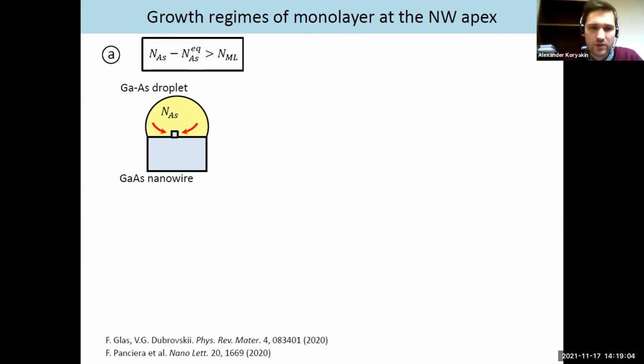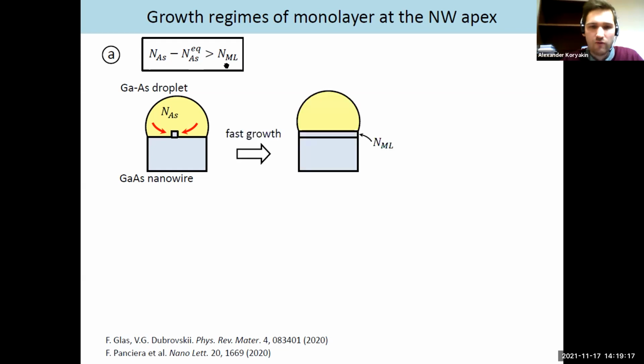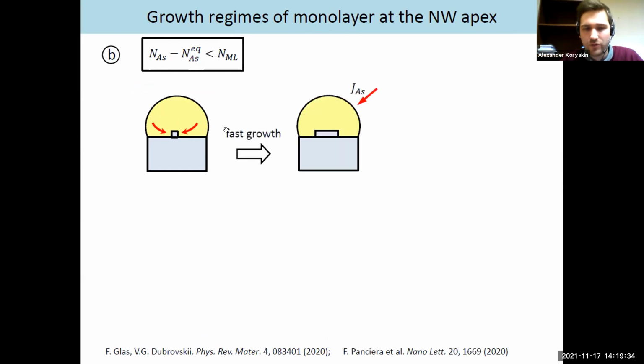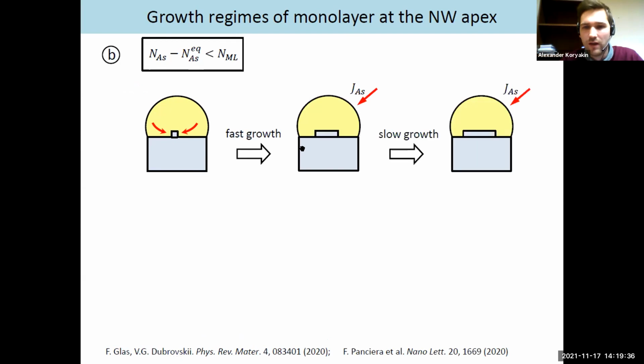Therefore, three growth regimes are possible. Case A: when the amount of arsenic atoms in the droplet minus the equilibrium amount of arsenic atoms is larger than the number of atoms in a monolayer, we have fast growth that is limited by volume diffusion of arsenic. Case B: if the amount of arsenic atoms is not enough, we can have firstly fast growth due to the volume diffusion, and then slow growth due to the vapor flux.